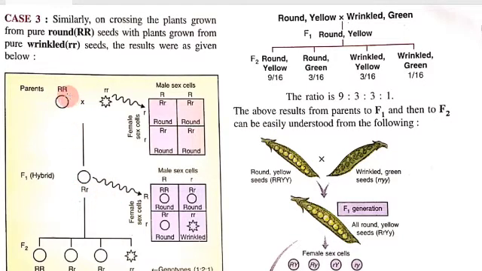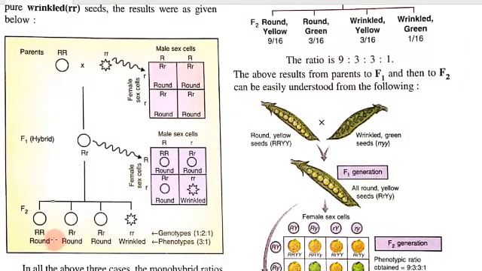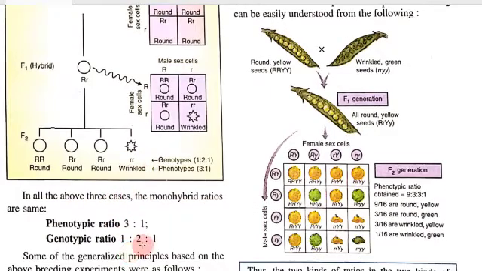Here homozygous dominant, homozygous recessive, and in the F2 generation 3 round shape and 1 wrinkled. So the genotype ratio is 1:2:1: 1 homozygous round shape, 2 heterozygous round shape, then 1 wrinkled shape. Phenotypically 3 round shape and 1 wrinkled. These are the phenotype ratio and the genotype ratio.